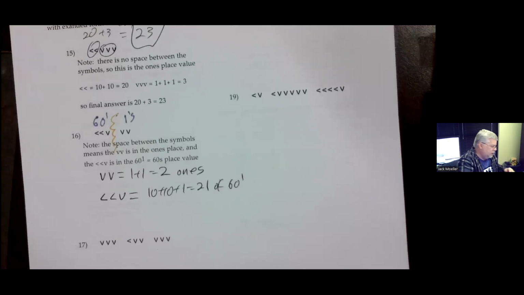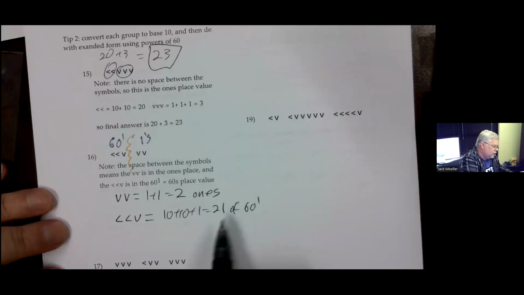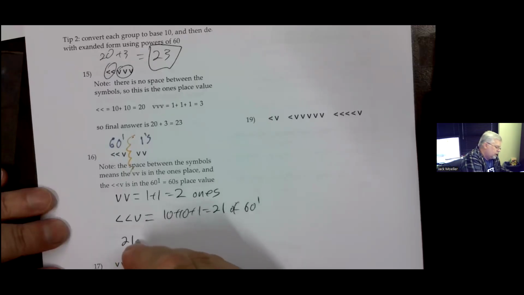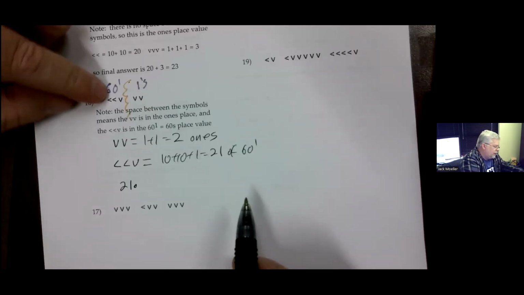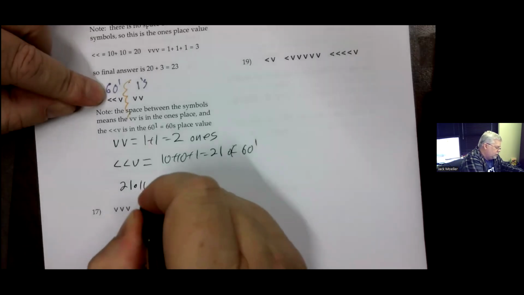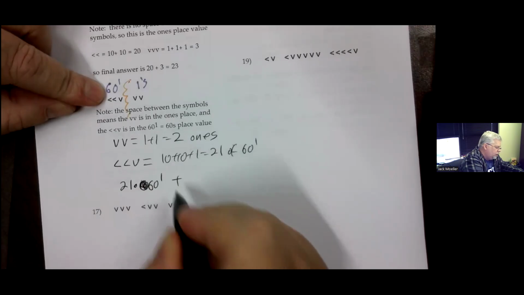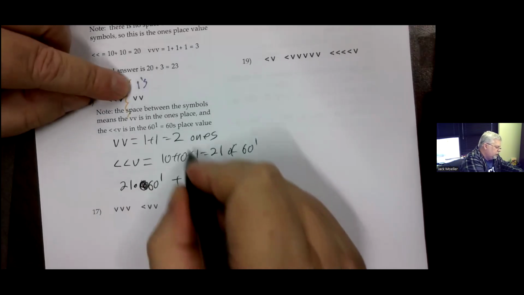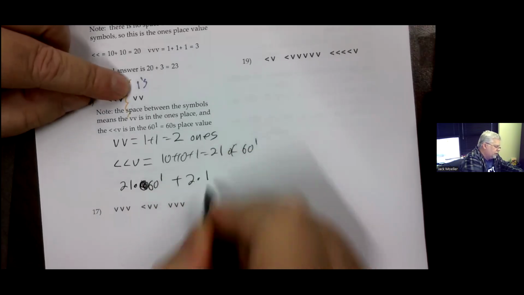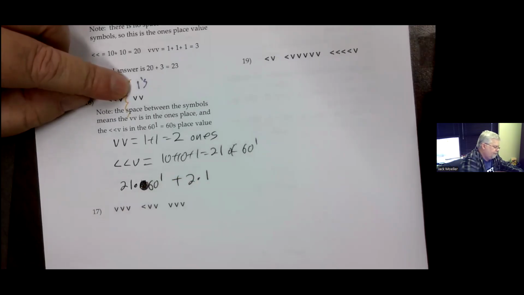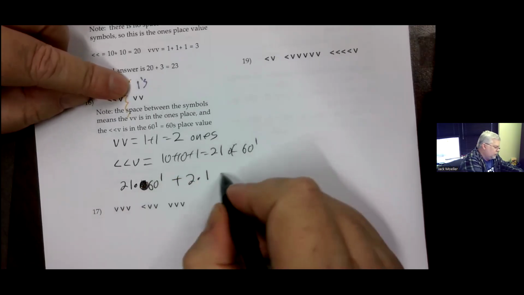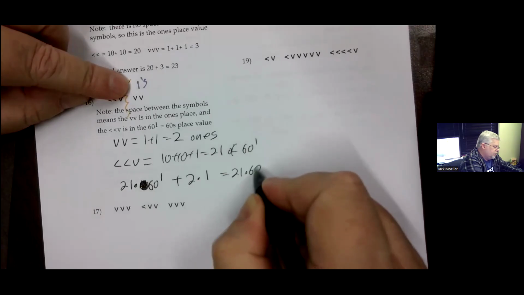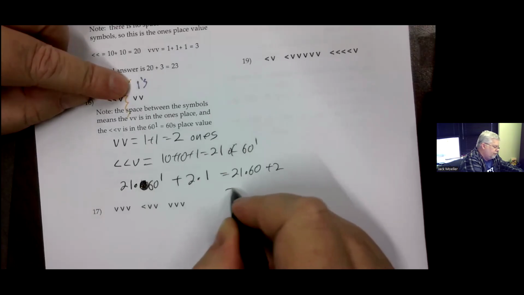What does that mean? Well, think about this in terms of expanded form. We have 21 times, well, that is in the 60 to the first place value, plus 2 in the ones place value. So that is 21 times 60 plus 2.